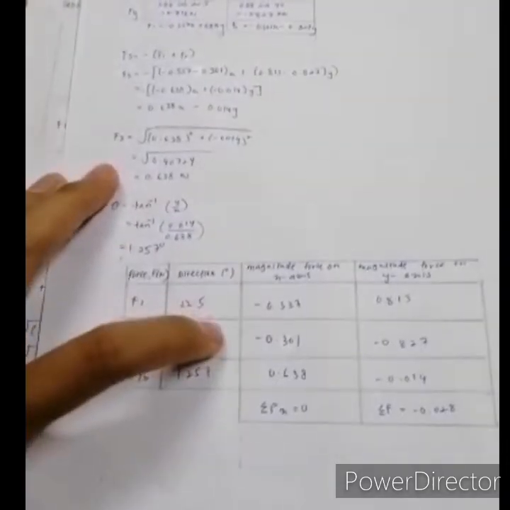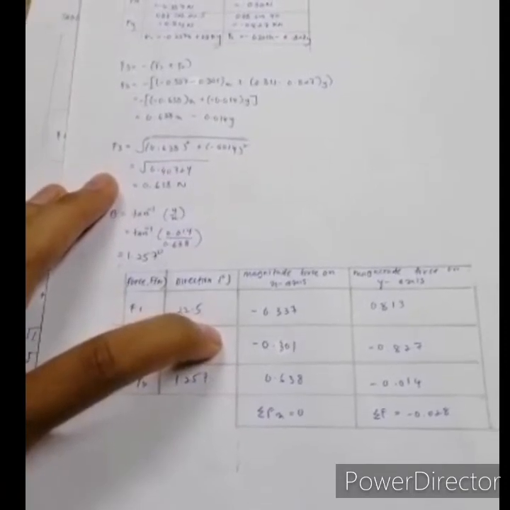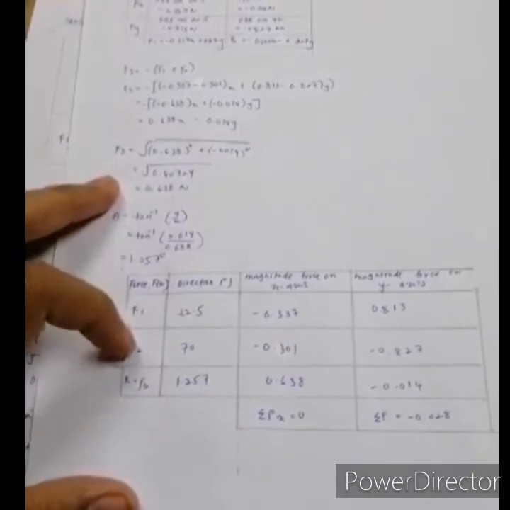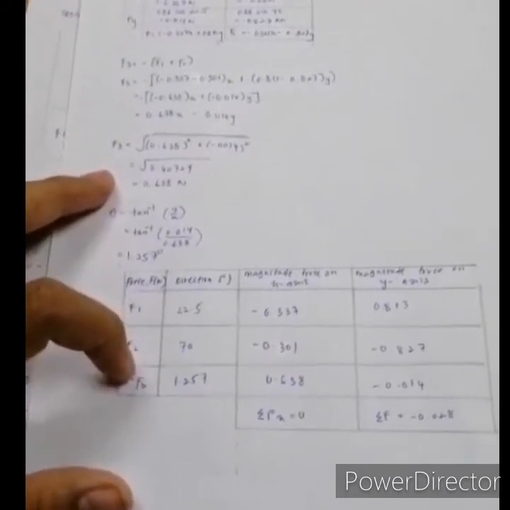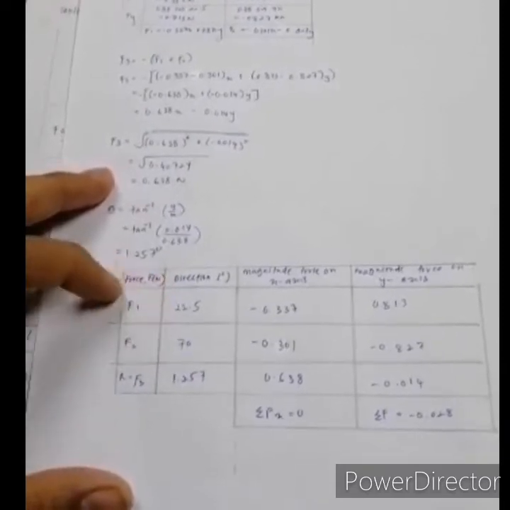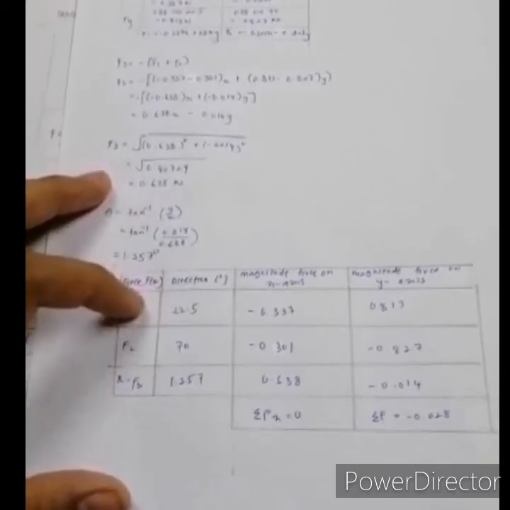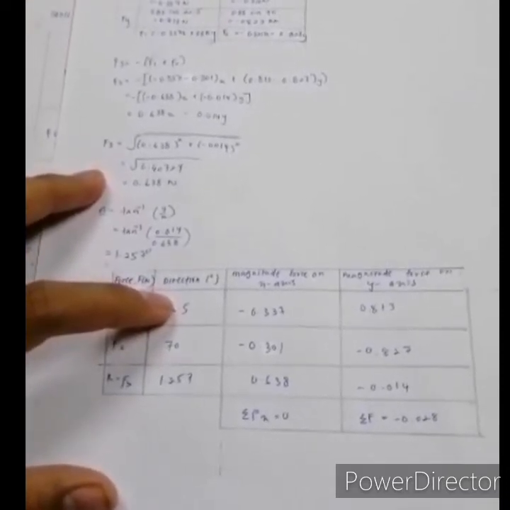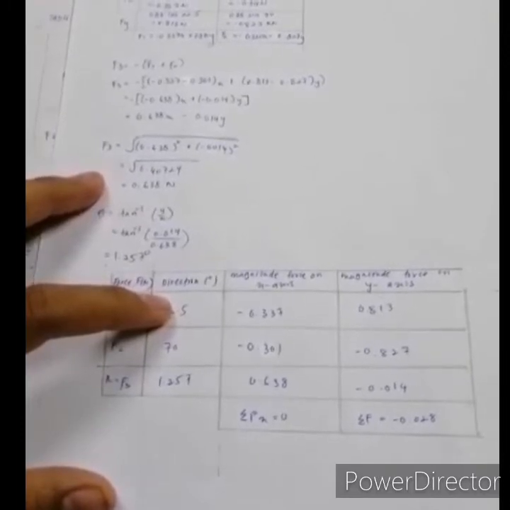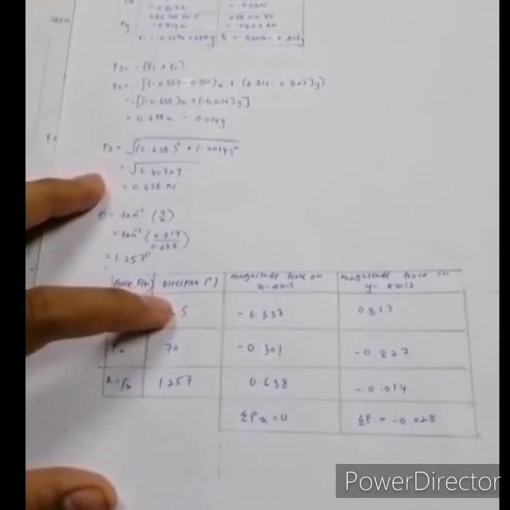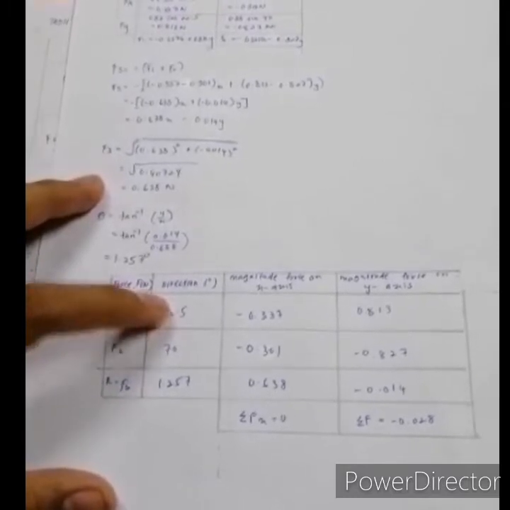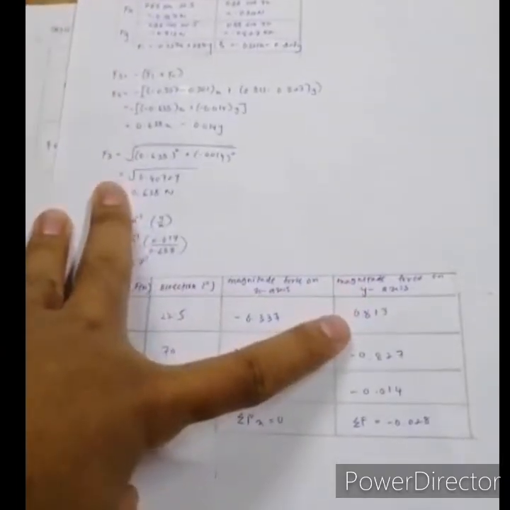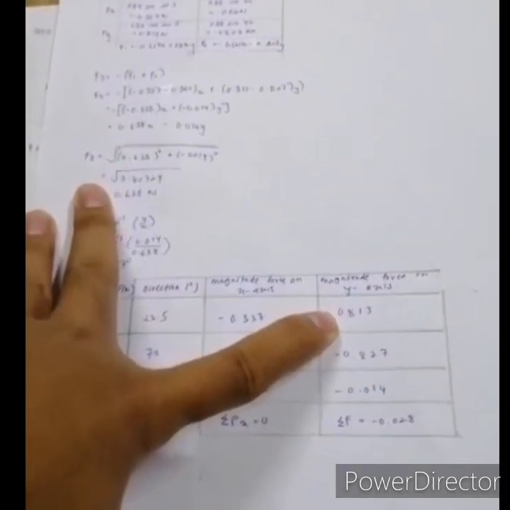Table 3. Force, direction, magnetic force on x-axis, magnetic force on y-axis: F1, F2, Fr, F3. Direction of F1 is 22.5, x-axis negative 0.337, y-axis 0.313, 0.813.